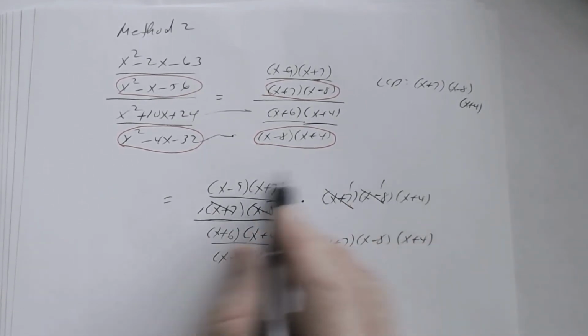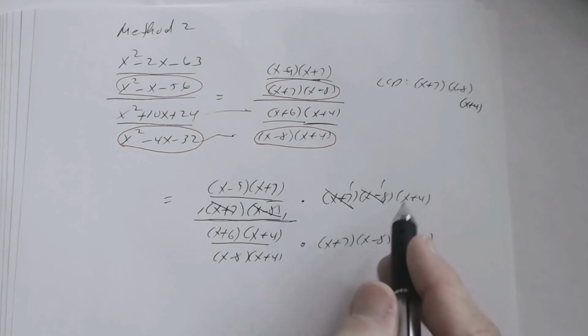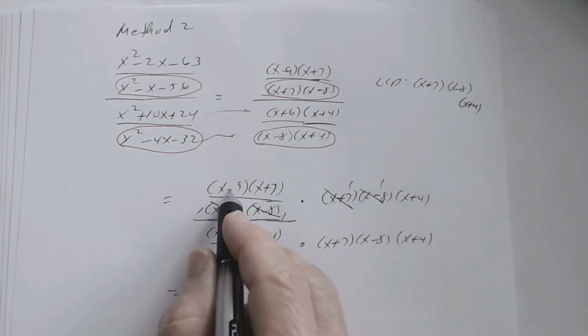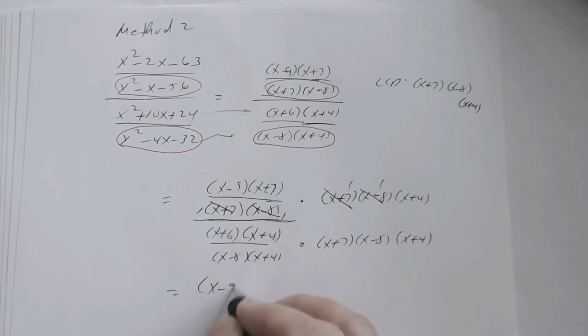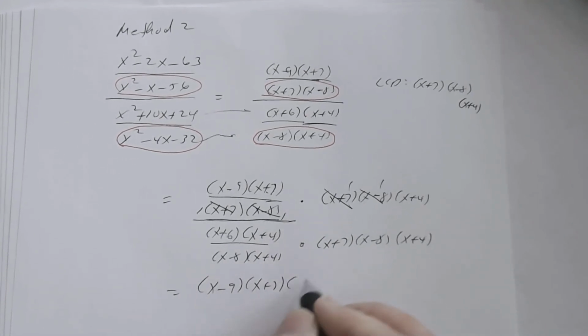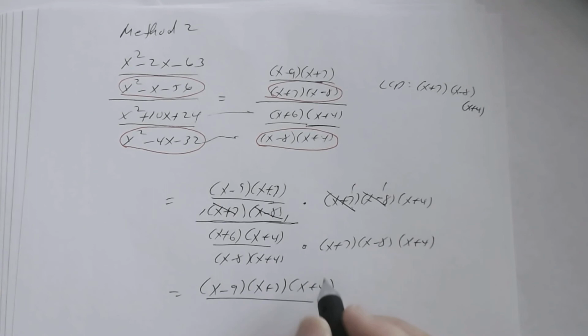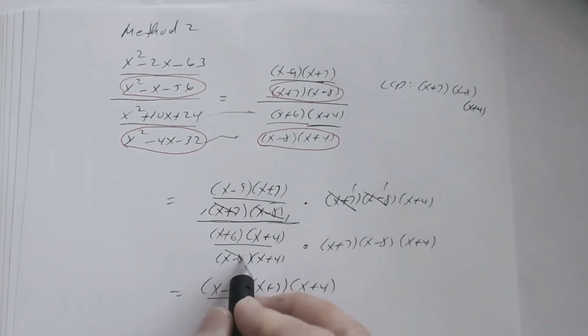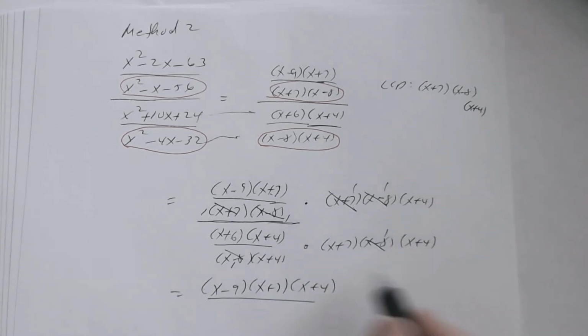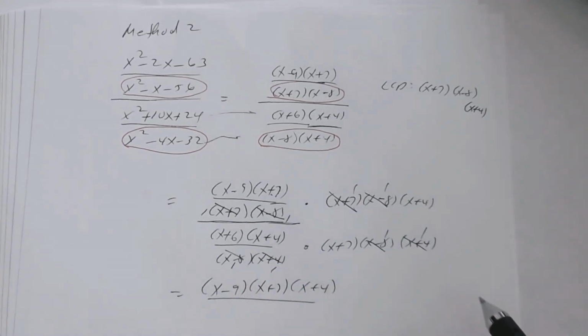So all you have left in the numerator would be (x minus 9)(x plus 7)(x plus 4). In the denominator, these have to end up being 1s, and they do, because x minus 8 into x minus 8, and x plus 4, x plus 4.